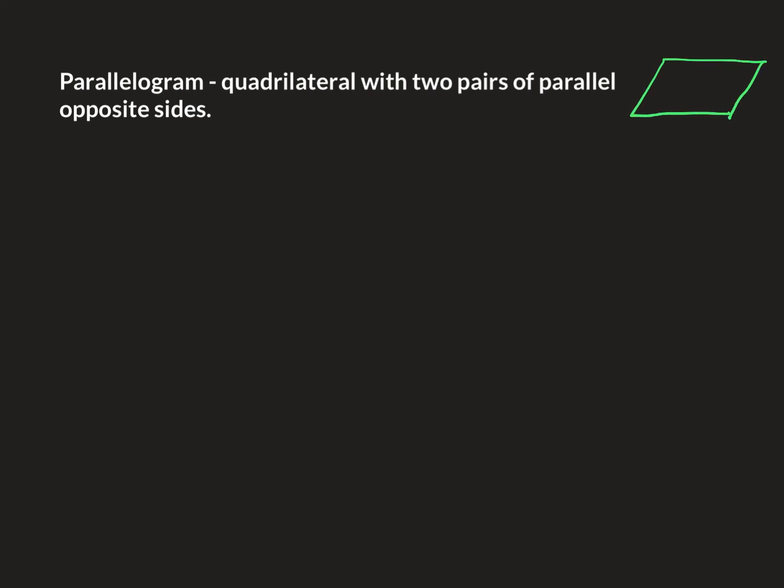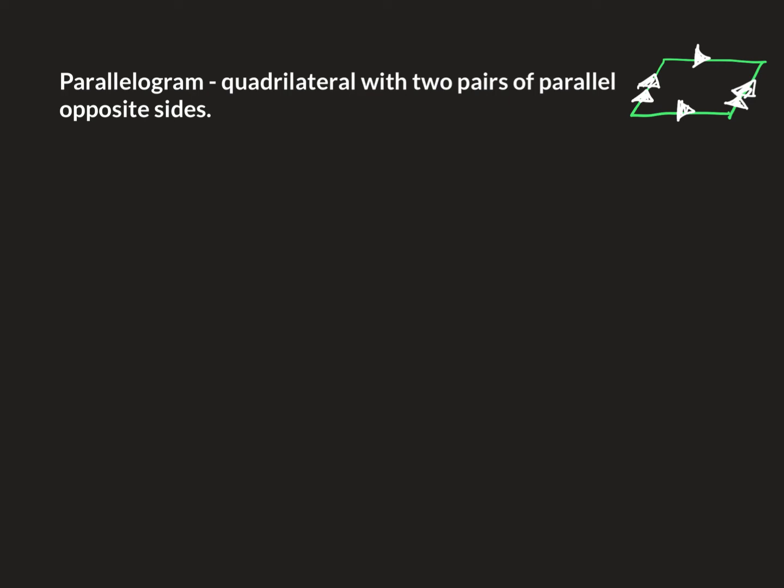Typically on these figures, remember when you see these little triangles, that means this pair of opposite sides are parallel, as well as these 2 over here. Please ignore my sad little triangles. So you have 1 pair of opposite parallel sides and a second pair of opposite parallel sides.